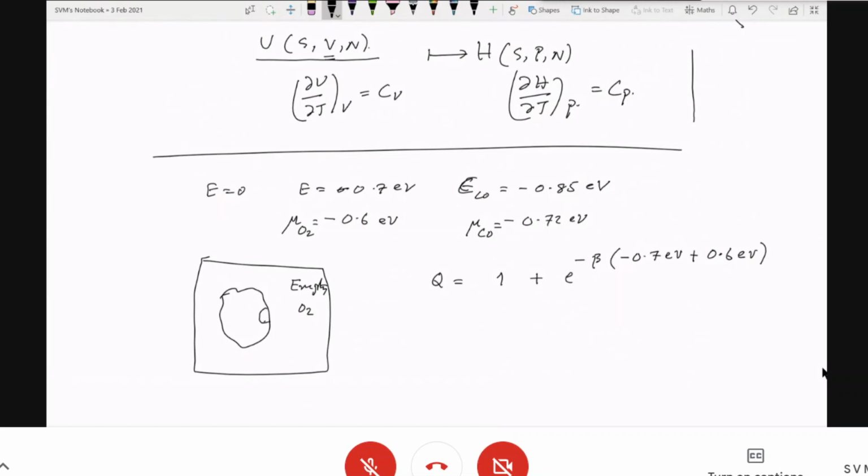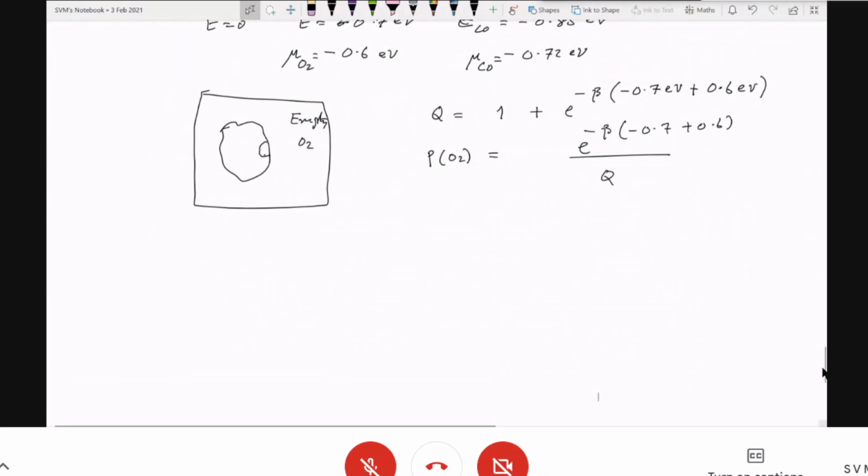In terms of electron volts, you calculate kBT and then you get some numerical value. Now the probability that oxygen is occupied is given by e to the power minus beta into minus 0.7 plus 0.6, divided by Q. Sir, here the n value we have taken as 1. Yeah, there's only one site and one molecule.